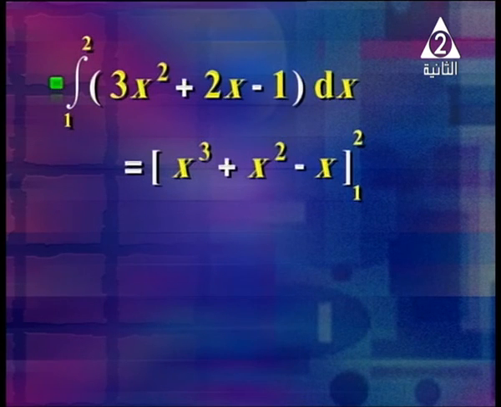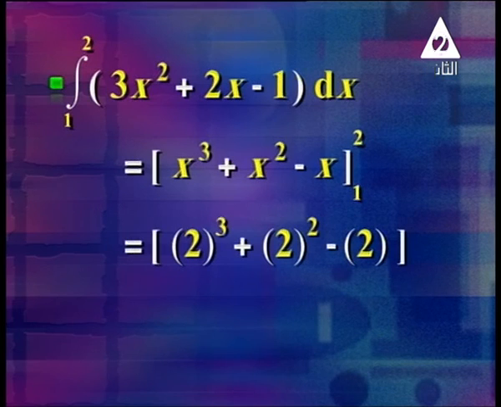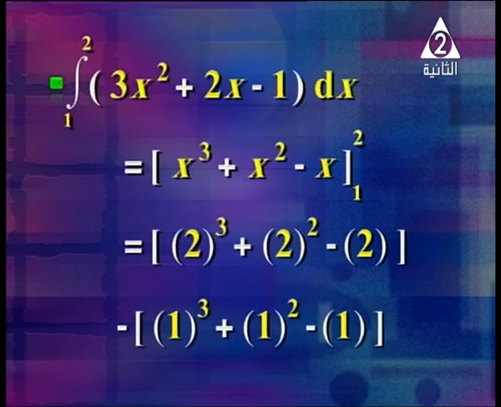After that, substitute x equals 2 and x equals 1, then subtract. x^3 plus x^2 minus x gives 2^3 plus 2^2 minus 2. After that, minus the bracket containing 1^3 plus 1^2 minus 1. The answer is 2^3 plus 2^2 minus 2 minus, inside the bracket, 1^3 plus 1^2 minus 1. The answer is 9.